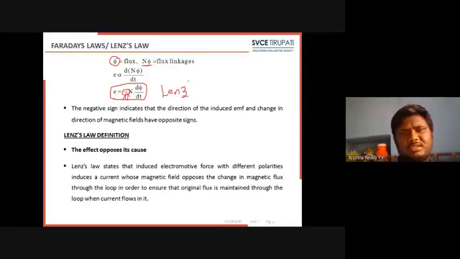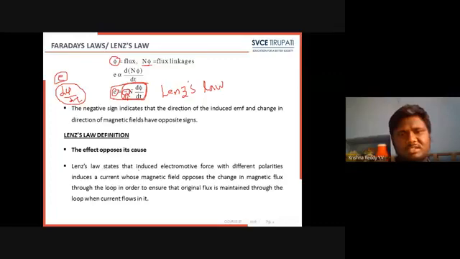Now Lenz's law says that the effect opposes its cause. Due to the rate of change of flux linkages we are getting the induced EMF, where the effect is the induced EMF and the cause is the rate of change of flux linkages. In order to oppose the rate of change of flux linkages, we get the EMF in the opposite direction, V equals minus N times d phi by dt.